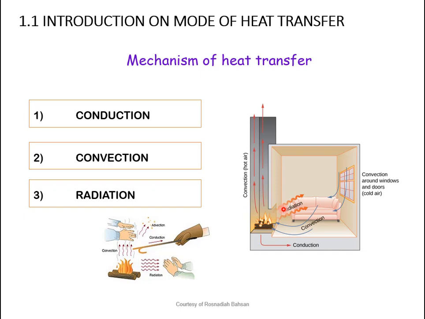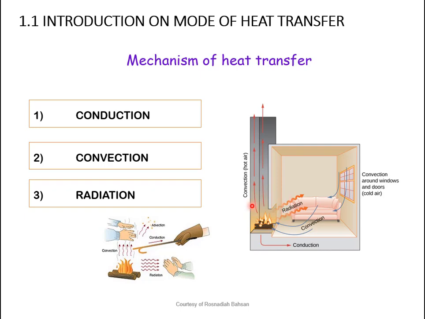The direct impact of heat from the fire is known as radiation. The same goes for solar energy. There is direct heat from the sun that will impact our body, our car, and our roof or wall of the house. So there is the radiation.